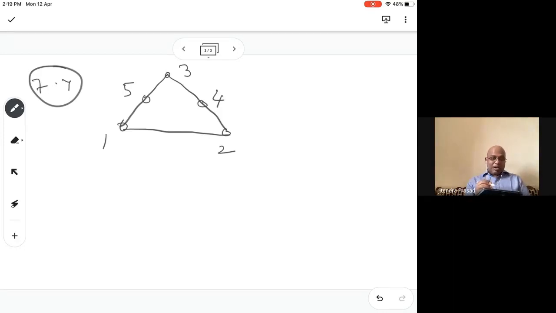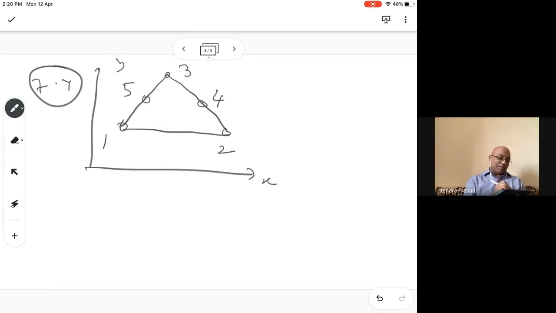So first you convert this. This one is the xy system, and then we are going to convert that into the xi1, xi2 system. So we'll have it like this: this is xi1, this is xi2.